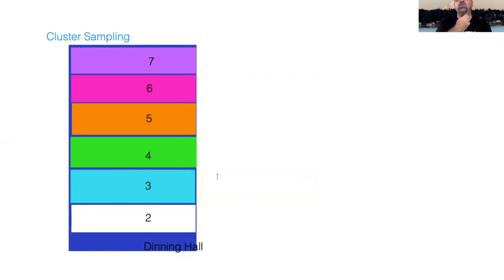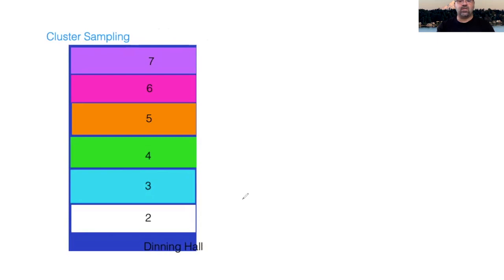So now, assuming that there's an equal mix of genders on each floor, 2 through 7, and that each floor is basically a copy of the others, then it doesn't really matter what floor people live on. Each floor is equally representative of the entire population of folks who live in this dorm. So in cluster sampling, what we would say is, hey, these clusters up here, they're all pretty much the same.